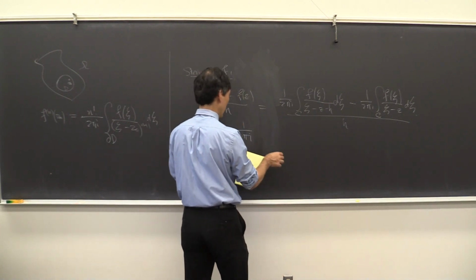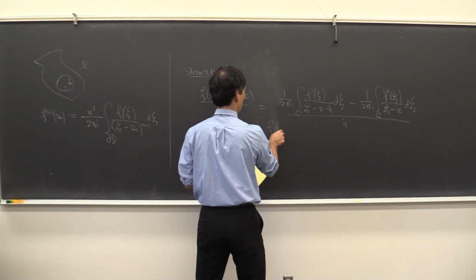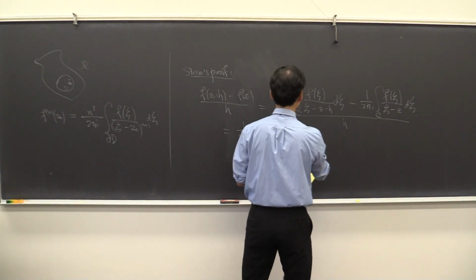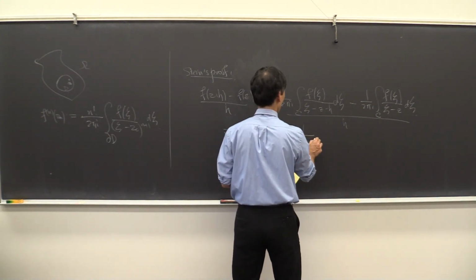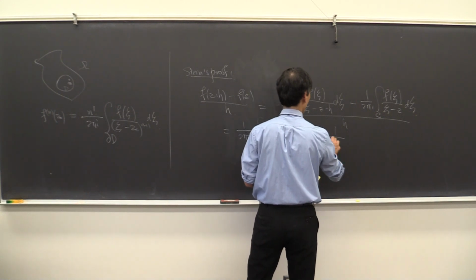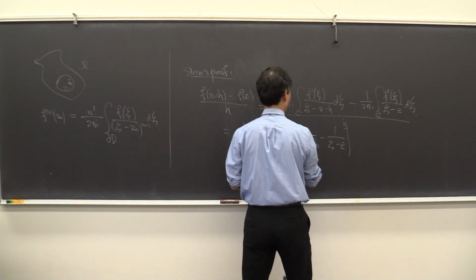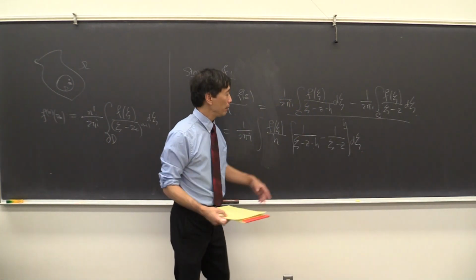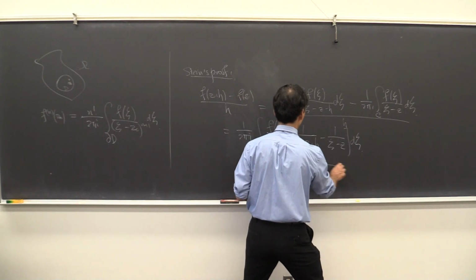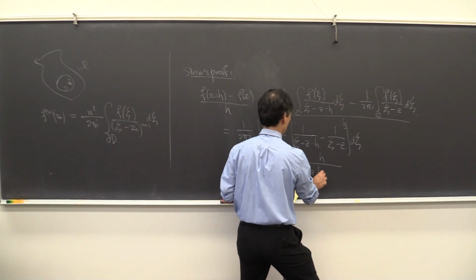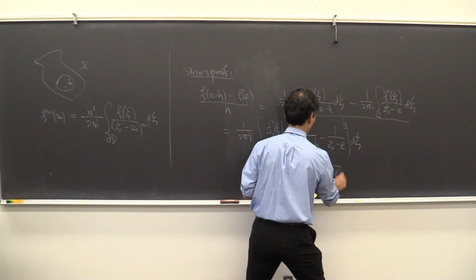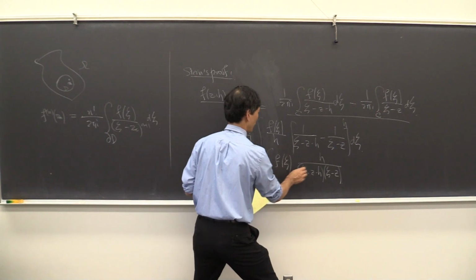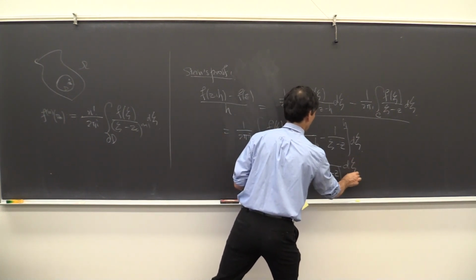You get 1 over 2 pi i, f of zeta over h, and then you get this difference, 1 over zeta minus z minus h minus 1 over zeta minus z, d zeta. Then you combine these two together and you get h over the product, and then the h's cancel out, right?